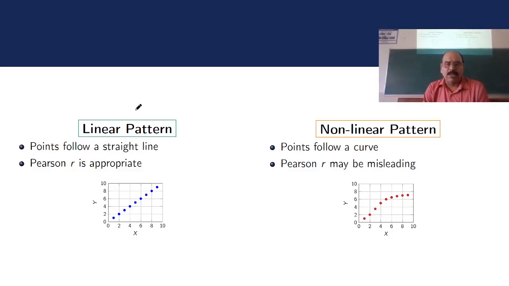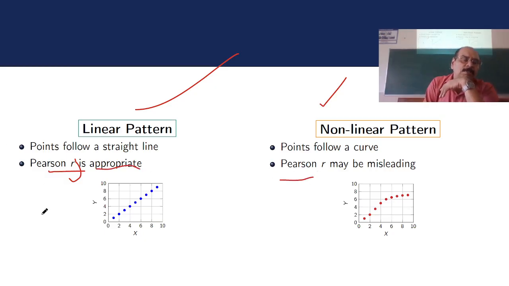So we have two types, linear and non-linear. Okay. See, what the Pearson correlation coefficient is, I will be teaching you in the coming slides. When I say that x is related to y, whether it is positive or negative, I need to quantify it, right?